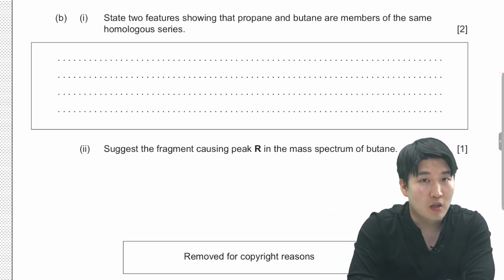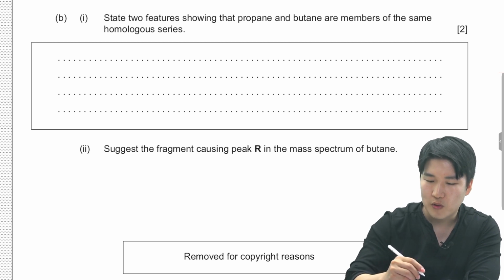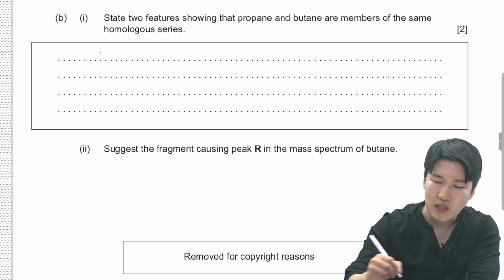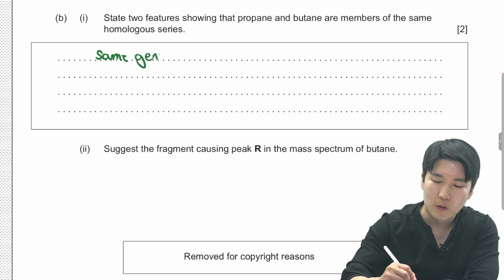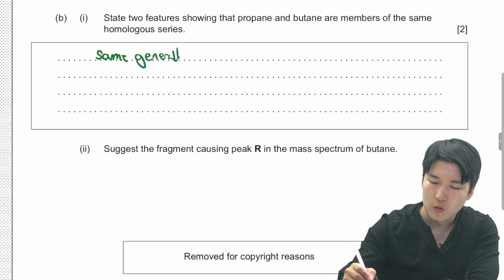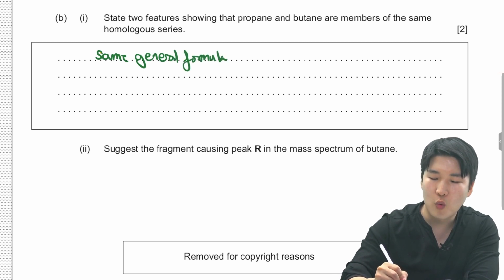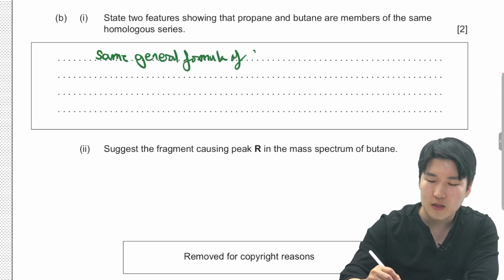So we want to say that members would have the same general formula. What's the general formula of alkanes?